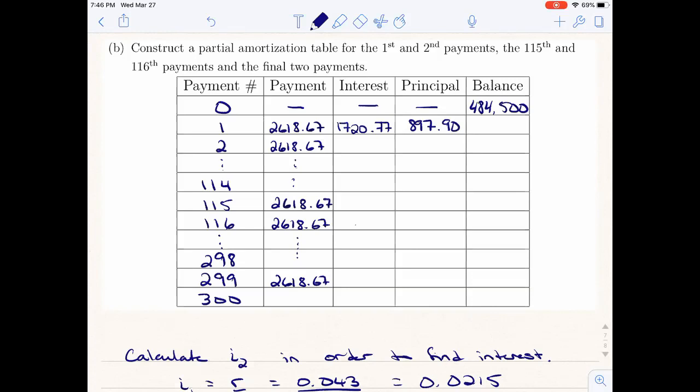So we can take that off of the previous balance, 484,500 minus 897.90, which is 483,602.10.